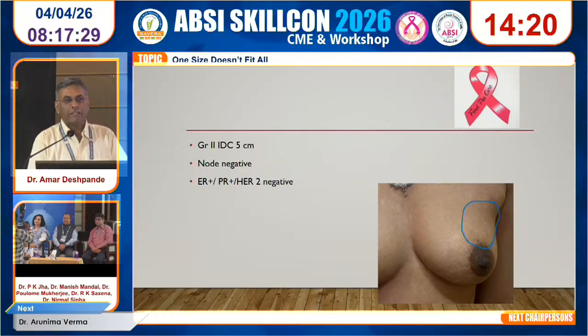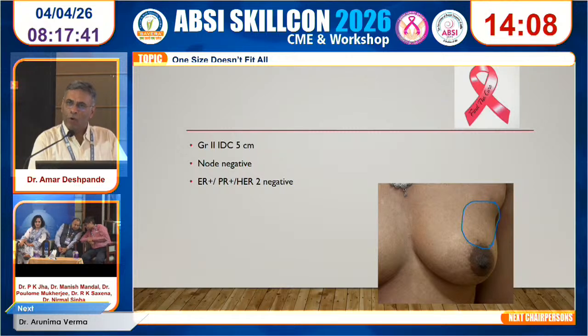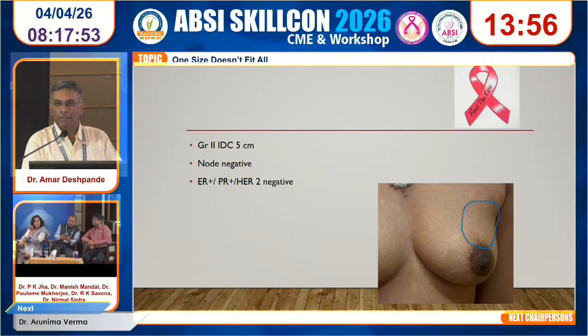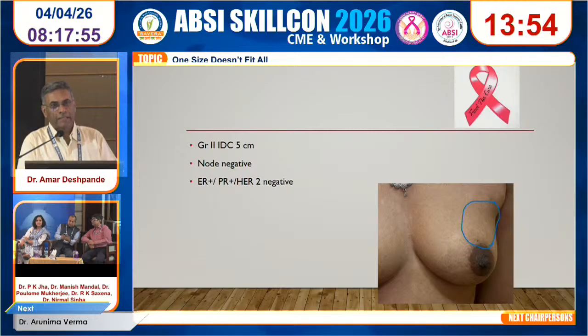So I've got this case. This is a lady with a B cup breast. She has got a 5 centimeters grade 2 invasive ductal carcinoma in the upper outer quadrant. Node negative clinically and on radiology. ER positive, PR positive, HER2 negative. What would we do? Anyone? Yeah, some people would say NACT to downsize it. Okay, NACT is done.